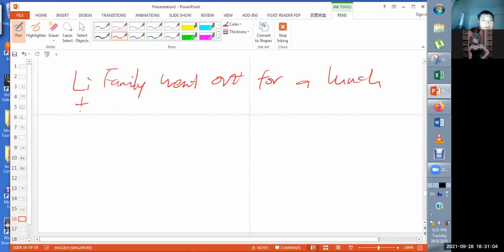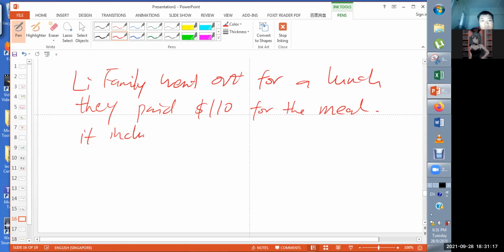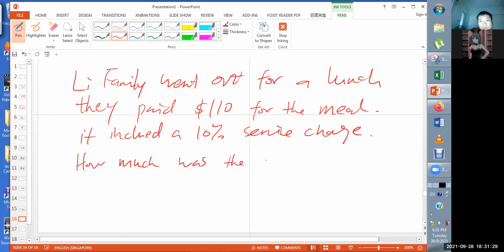They pay $110 for the meal, and it included a 10% service charge. Then how much was the bill before service charge?